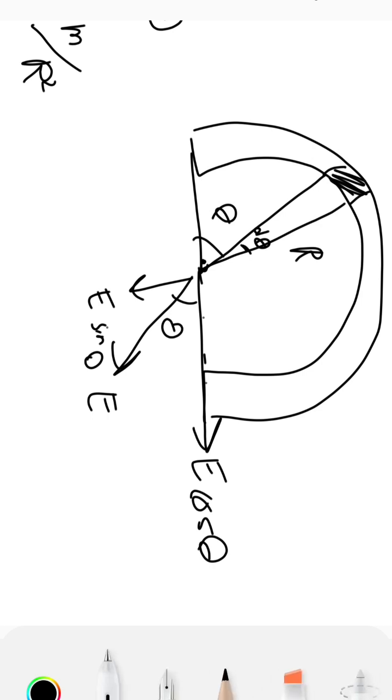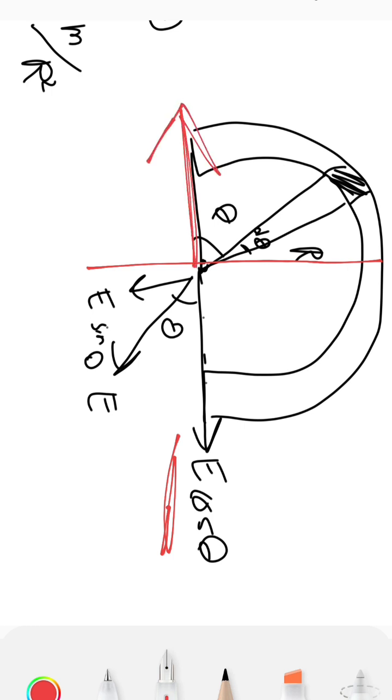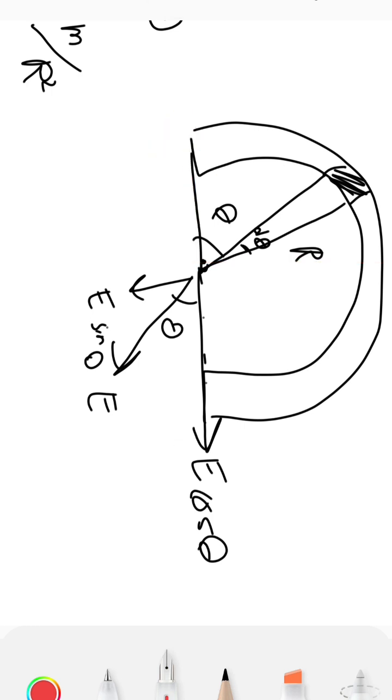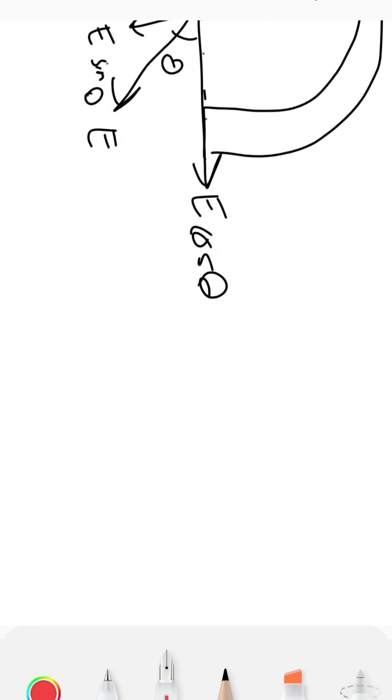Now just consider the fact that for every element you would have a dE sin theta and a dE cos theta. But we know that after traveling half the loop, the dE cos theta segment would be coming to the opposite side. That would make it 0. So the dE cos theta eventually gets cancelled. So we are just left with the dE sin theta part.